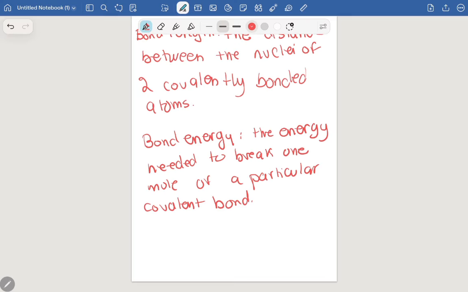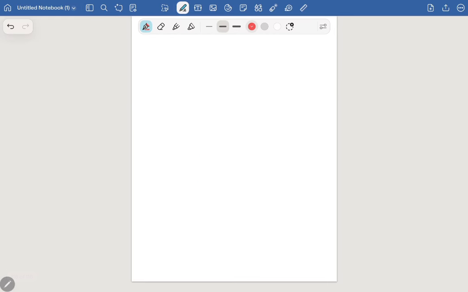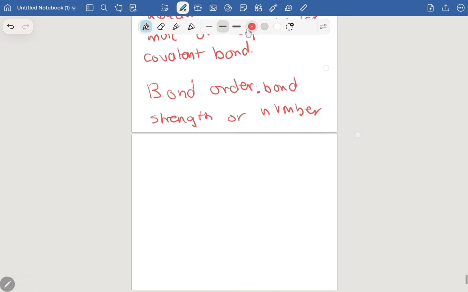And now, the new thing that we're going to define is the bond order. Bond order is basically how many bonds we have, or in some other sense, the bond strength or number. Now, what can we deduce from this?